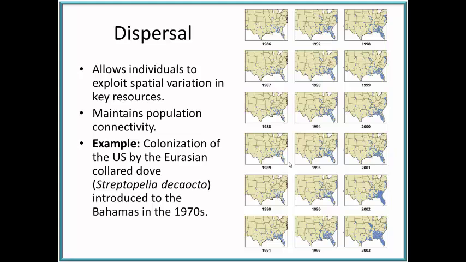And so dispersal allows for connection of these populations so that they are going to exchange gene pool and maintain the flow of genes from one group to another. This particular graph is simply showing over a couple of decades here what happened to dove populations in the U.S. and how they were able to disperse over the continental United States.